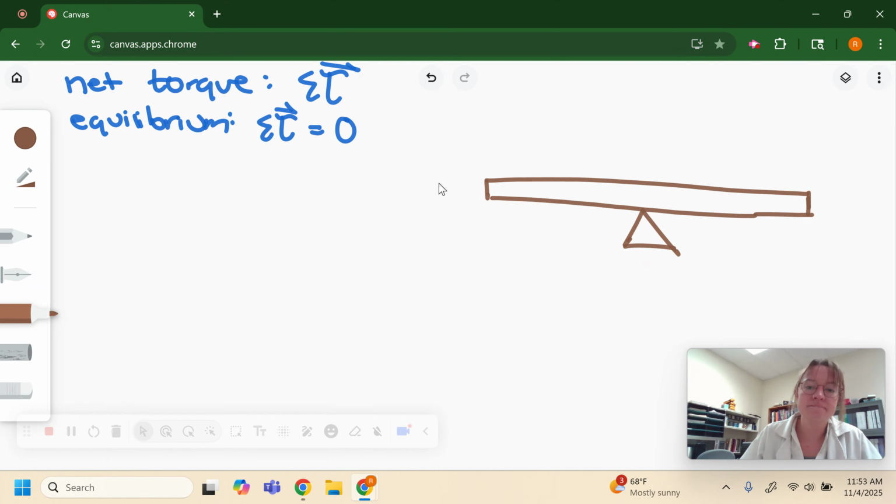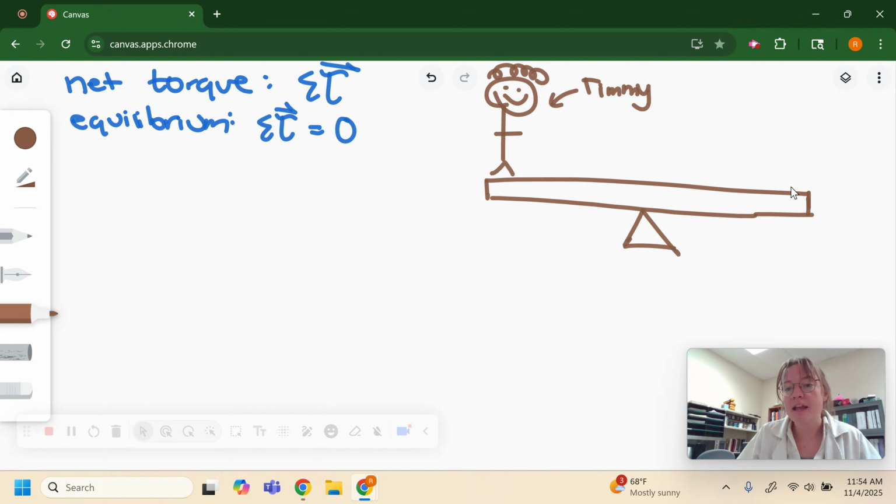Here's my seesaw. Suppose that we have Timmy standing over here on this side of the seesaw. Here is Timmy. And suppose that we have Jimmy standing on this side of the seesaw over here.